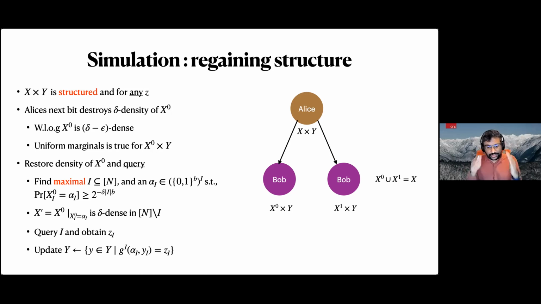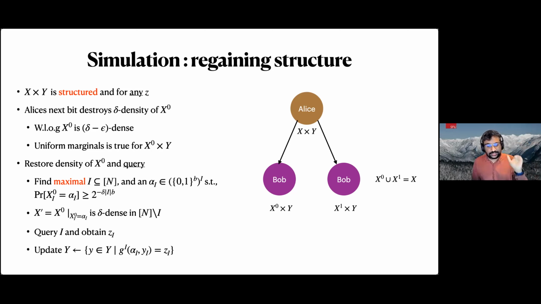So far, we have only used randomness. Our decision tree had access to internal randomness, and also had query access to the input z. And here, to restore density, we are going to use queries. So what are we going to do? We know that x0 is not delta dense.